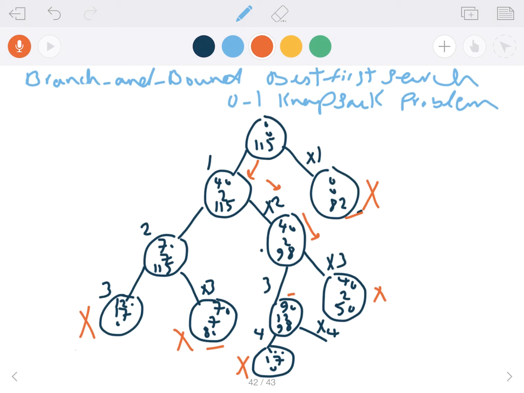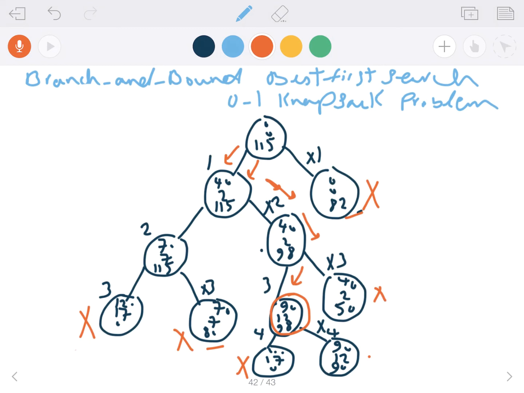And now I'm going to expand the other node, when I'm not including item number 4. So when I'm not including item number 4, I will have here 90, then 12, then 90 that I have here. As you see, the gains are the same, but the bound of this one is higher. So this node is my value. It means that I pick item number 1, not item number 2, and item number 3.